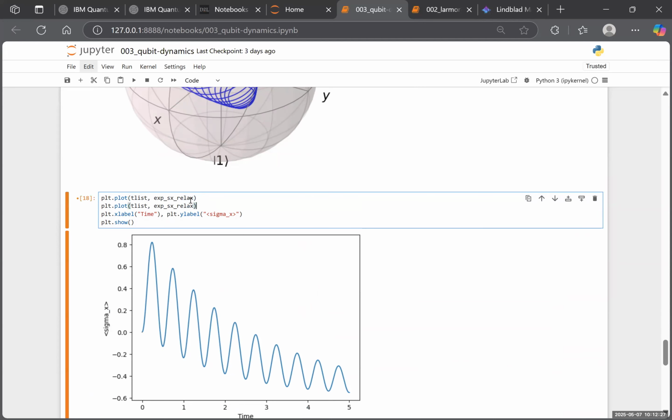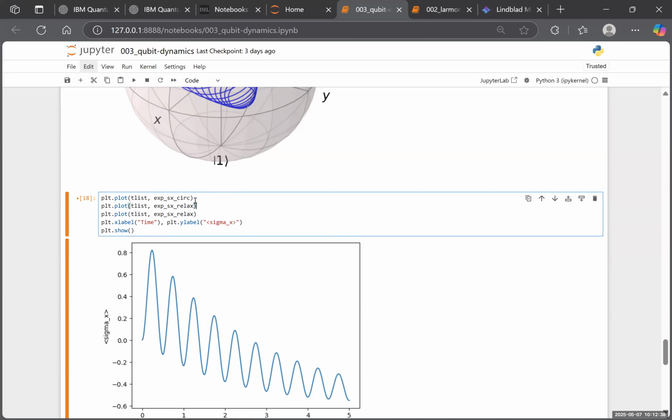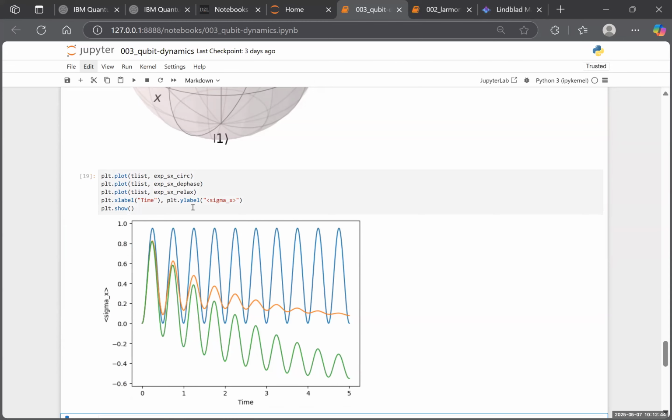There are others like the circular phase. Calculate and phase.